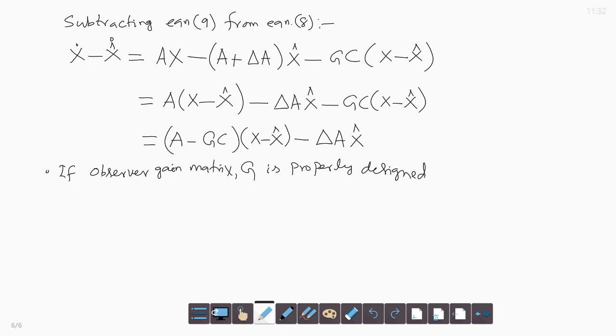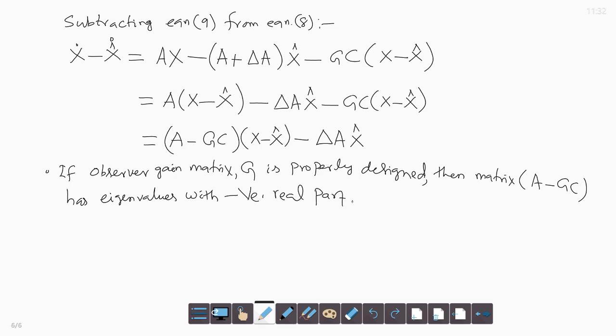If observer gain matrix G is properly designed, then matrix A minus GC has eigenvalues with negative real part.